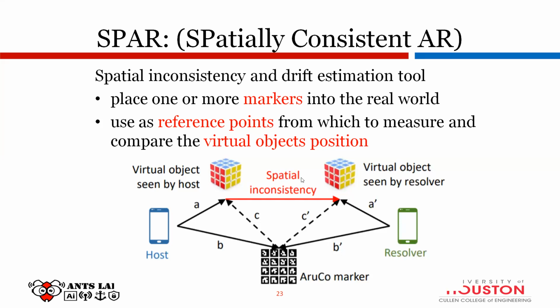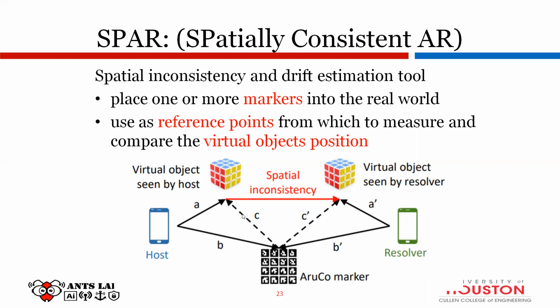But how do you know the spatial inconsistency? What they try to do is set a marker. This is a marker that you know the distance between it and the host, and you also know the distance between the marker and the resolver. So in this one, A, B are known, A prime, B prime are also known.